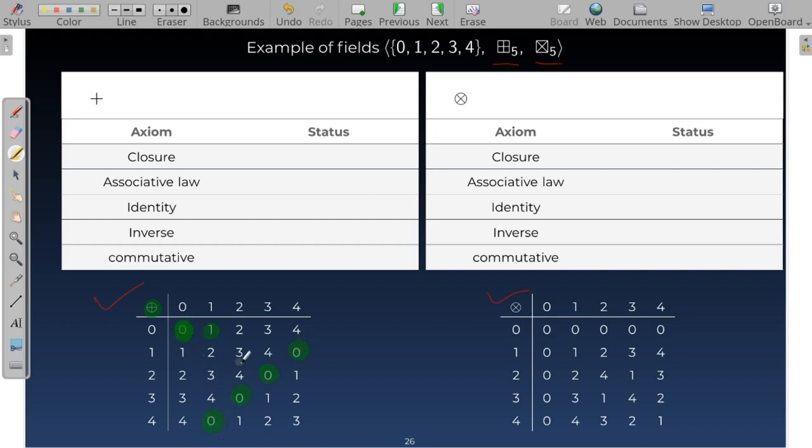It means that inverse exists for each and every element. So inverse is going to be satisfied. We already have the identity element that is equal to 0. Closure is going to be satisfied because you don't have any other element here. Associative law is going to be satisfied. Inverse is going to be satisfied. And it is commutative. The reason why it is commutative is very simple.